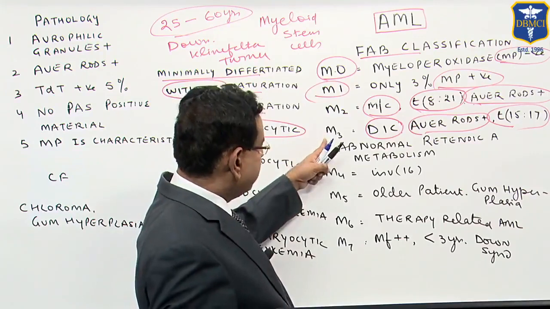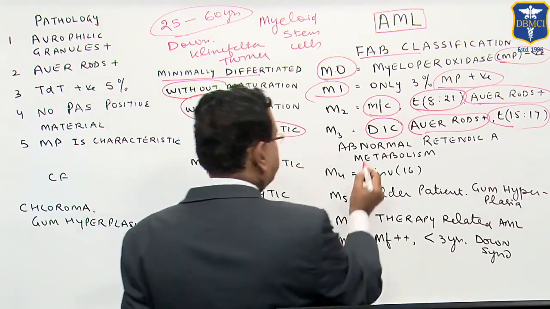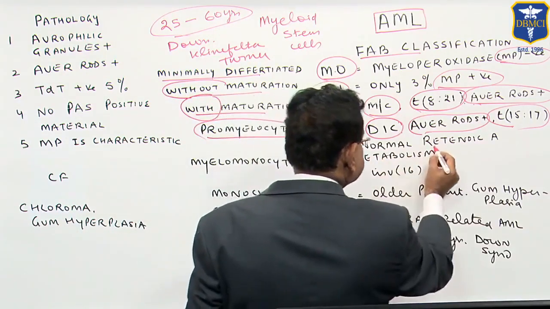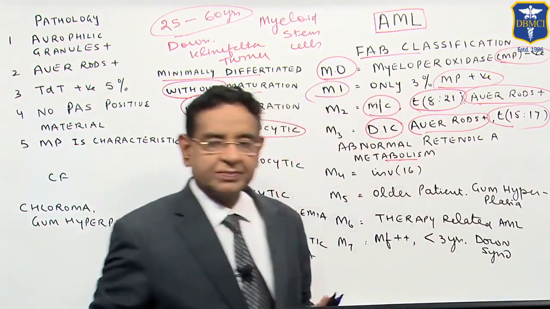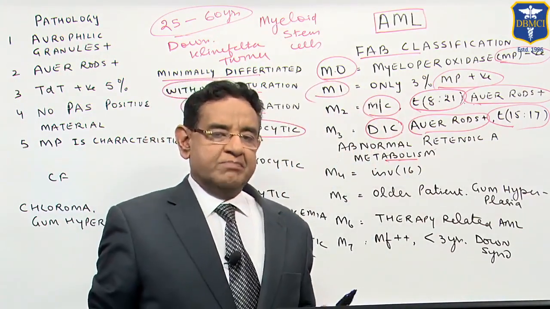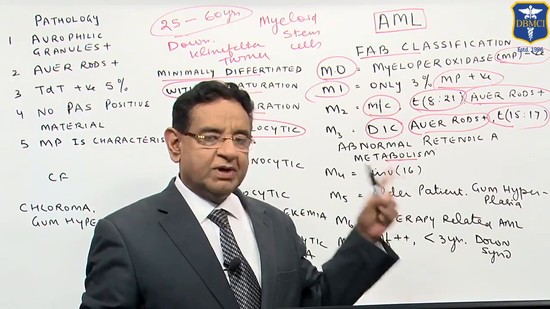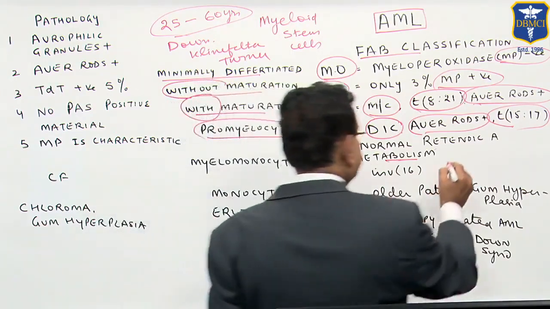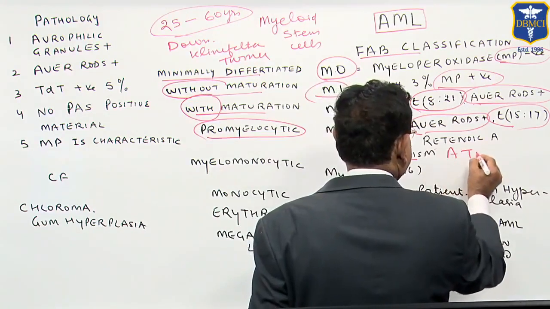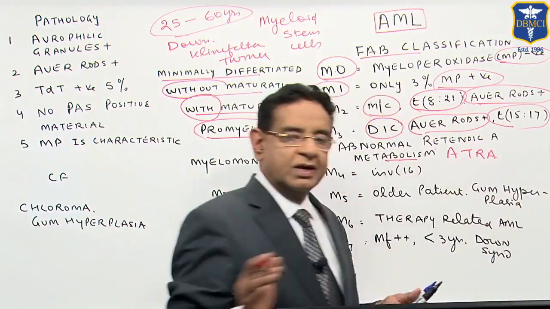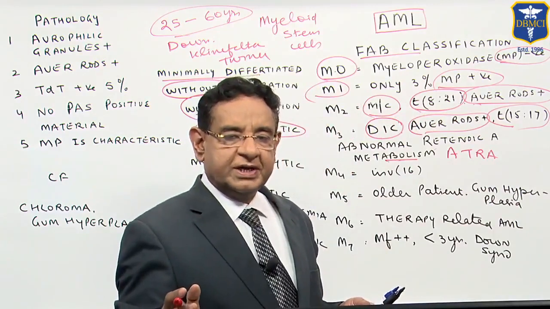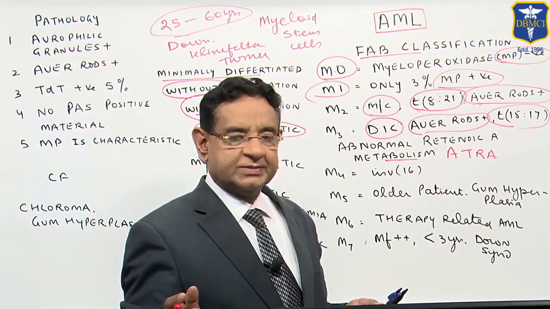In the M3 variety, there is abnormality in the retinoic acid metabolism, that is, vitamin A metabolism is abnormal. That's why in the treatment of M3 we use ATRA. ATRA is all-trans retinoic acid.